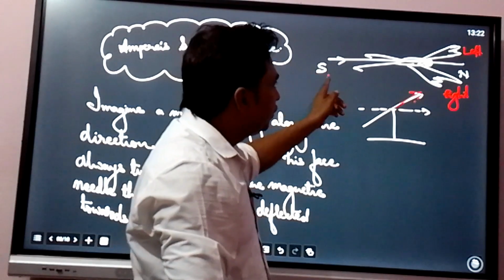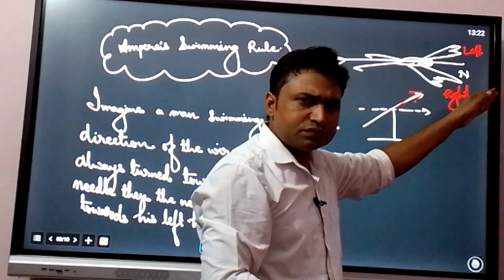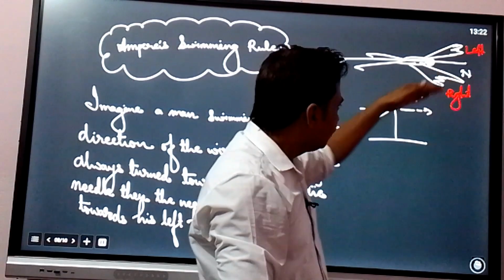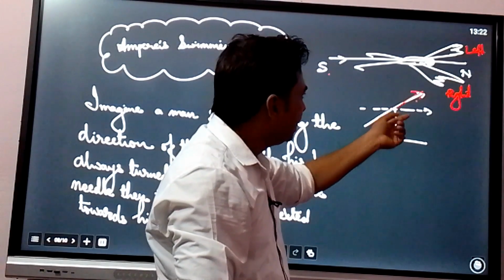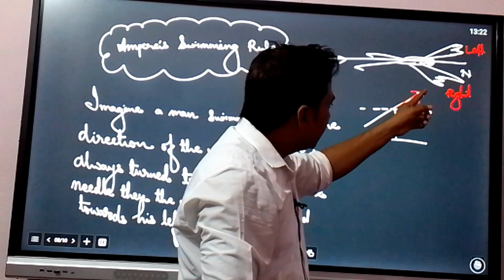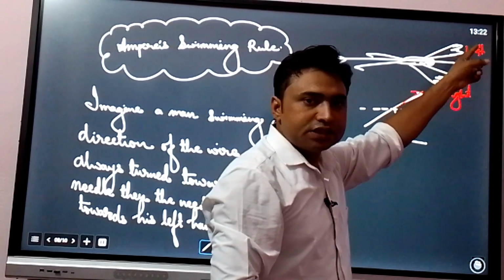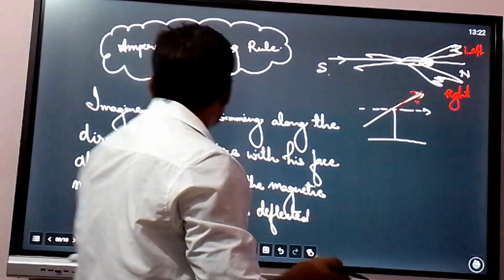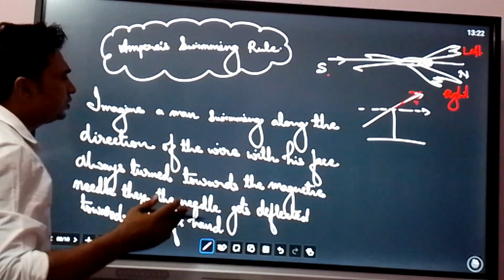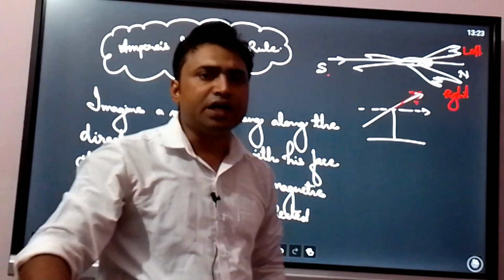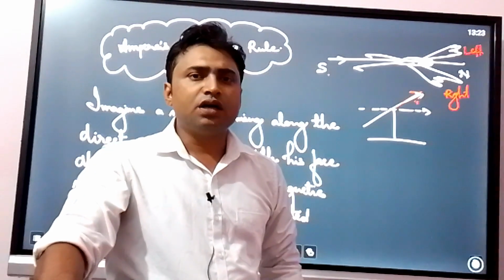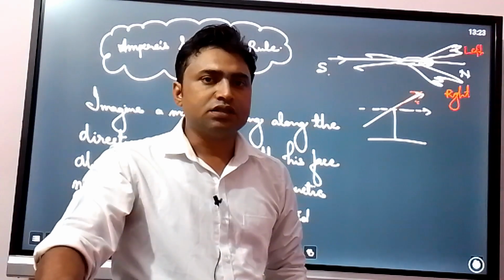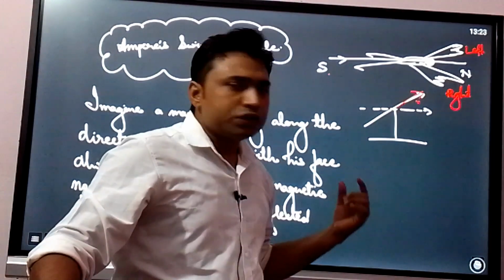Imagine a man swimming along the direction of the current with his face always towards the magnetic needle; then the needle always gets deflected towards his left hand. Okay. So these are the two rules to find the deflection of the magnetic needle in Oersted's experiment. You have to go through these rules.